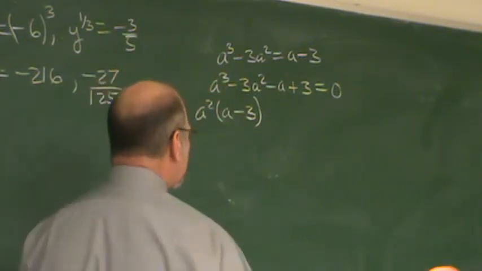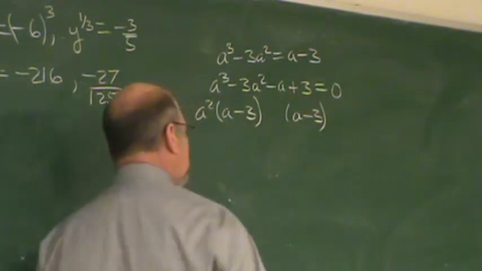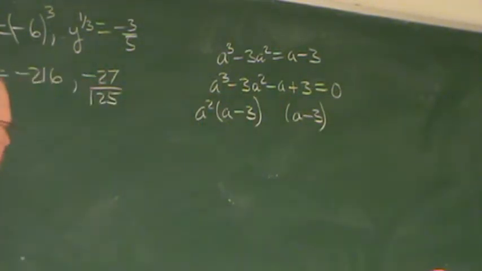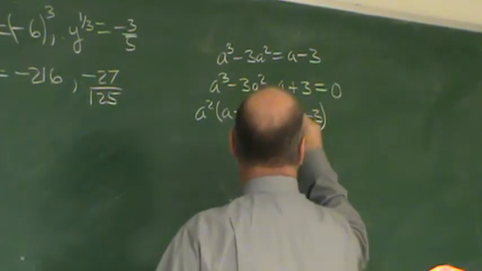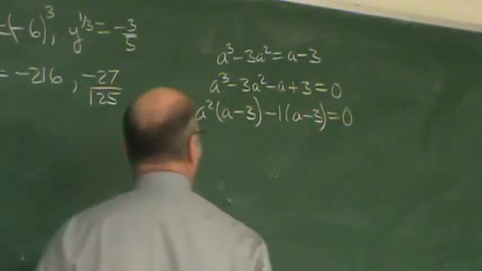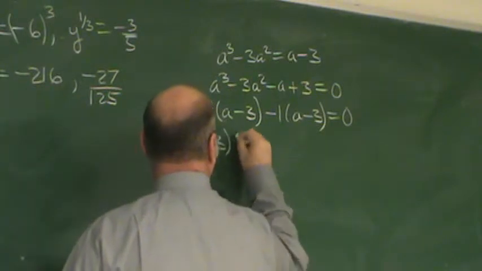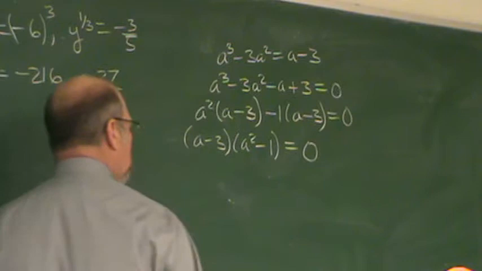Now if this grouping is going to work, the back half has to turn into a minus 3. So I'm looking at negative a plus 3. What can I pull out that's going to give me a minus 3? Negative 1. Now I have a common factor of a minus 3 times a squared minus 1 equals 0.